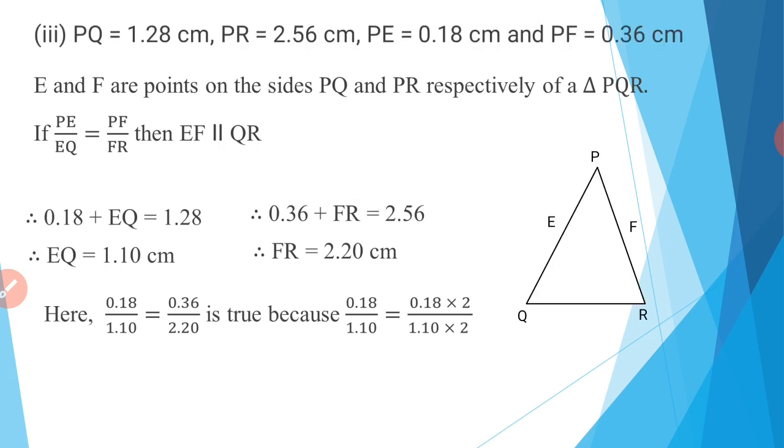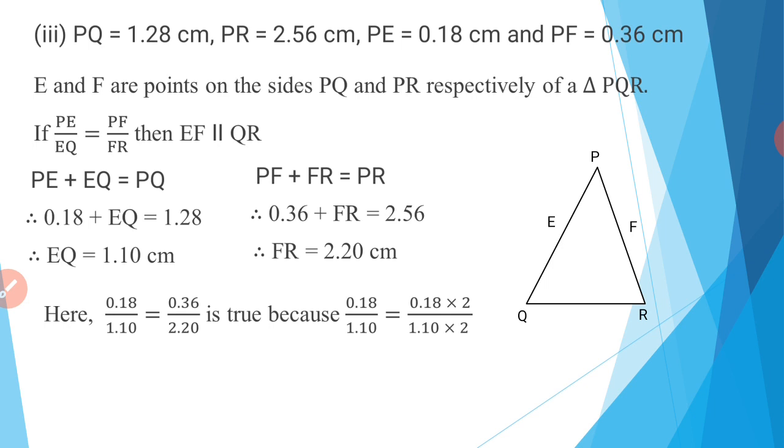Let us see case number 3. PQ is 1.28 centimeter, PR is 2.56 centimeter, PE is 0.18 centimeter, and PF is 0.36 centimeter. E and F are points on the sides PQ and PR respectively of a triangle PQR. If PE upon EQ equals PF upon FR, then EF is parallel to QR.